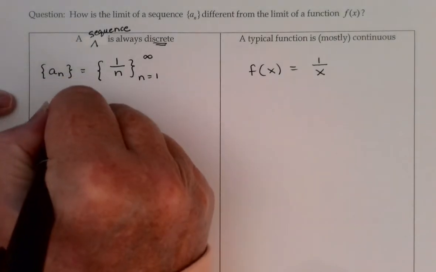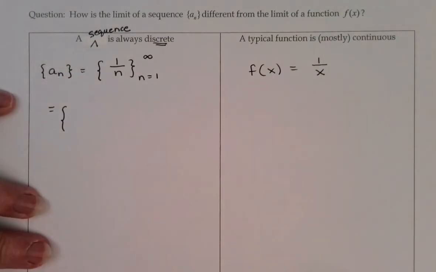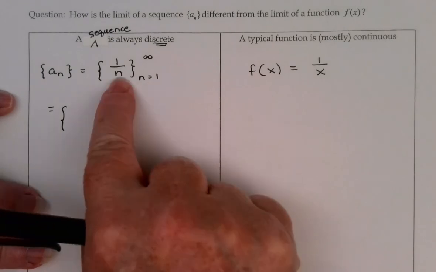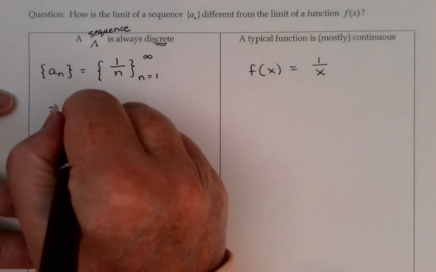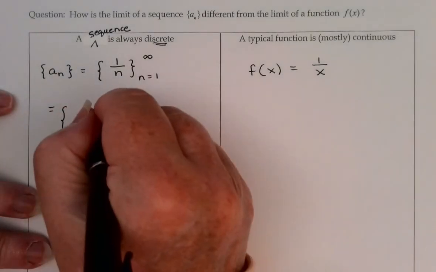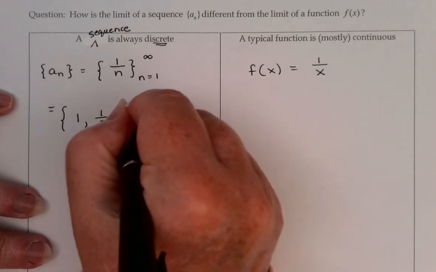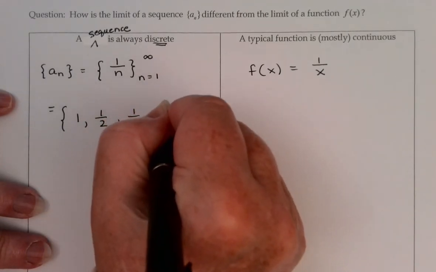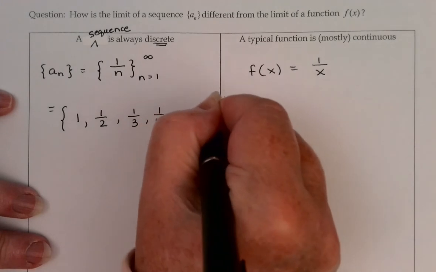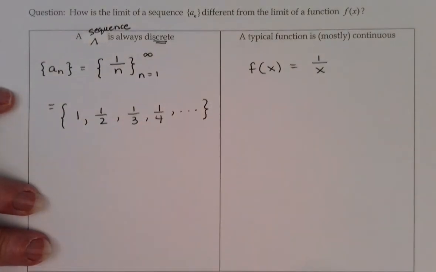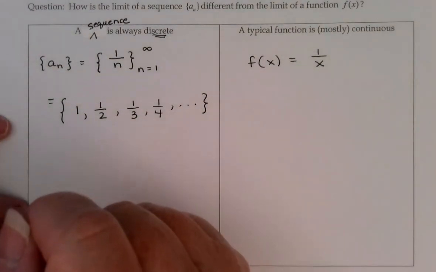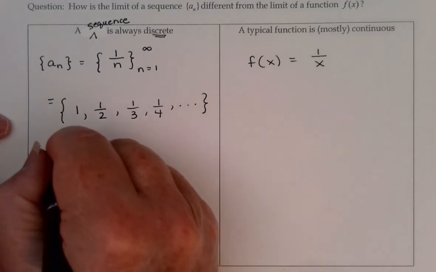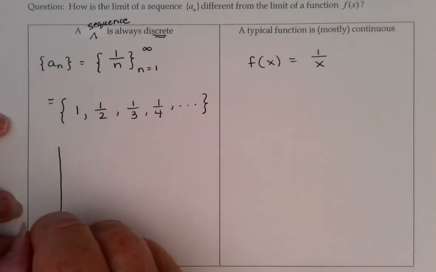And if I were to start to write out that sequence, starting with n equals 1, 1 over 1 would be 1, and then I would jump to 1 over 2, 1 over 3, and 1 over 4, and so on. If I were to actually try to graph that sequence, what would it look like?